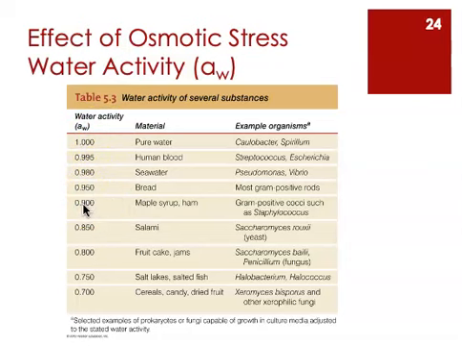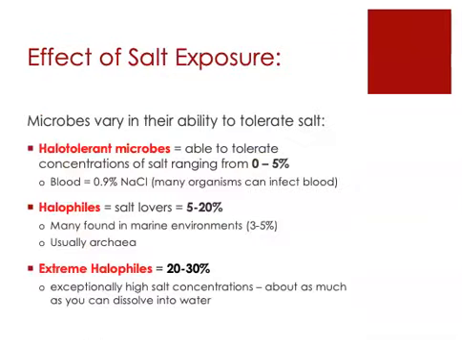After you open it, you should keep it in the fridge. It's not likely that bacteria will grow in it, but we want to prevent any bacterial growth as much as we can. So, high sugar foods, high salt foods, very dry foods are foods that bacteria just have a difficult time growing in.